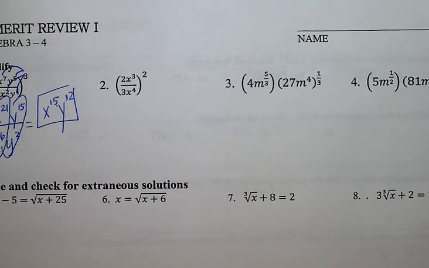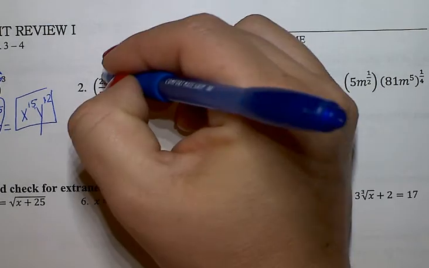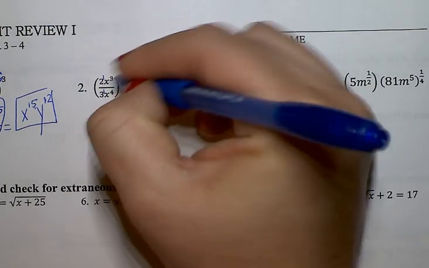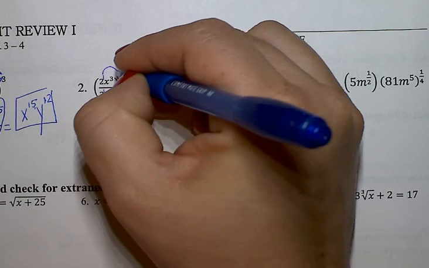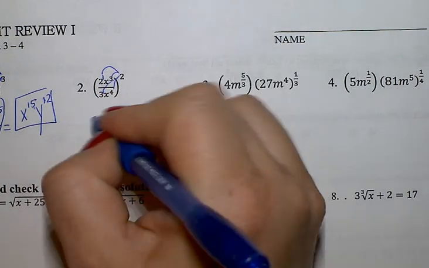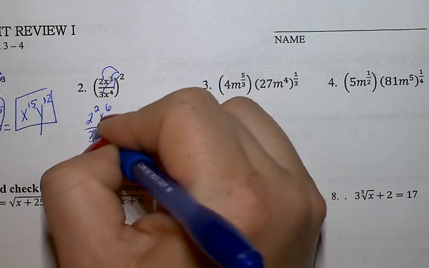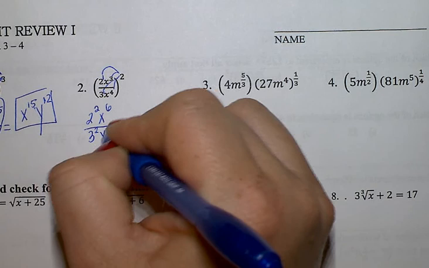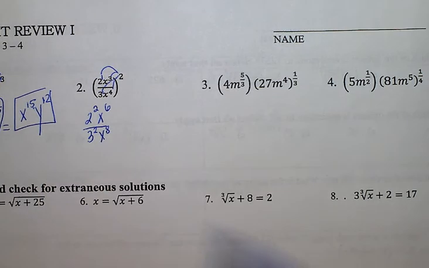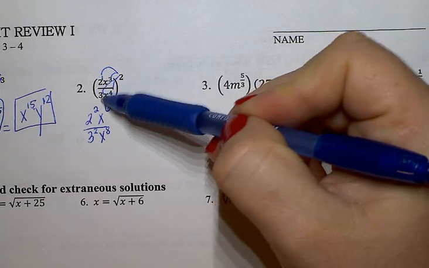Number 2 is exactly the same concept. Feel free to work on it on your own while I do it quietly. So first I looked, and I could see that there was a 1 on the 2 and a hidden 1 on the 3.